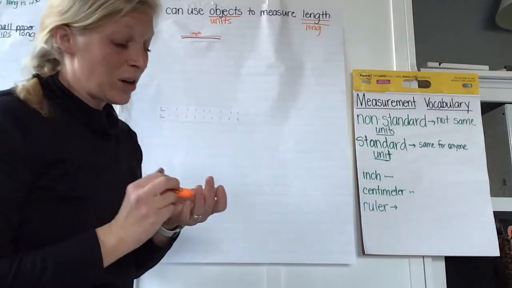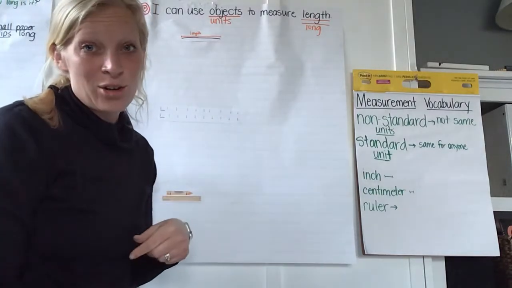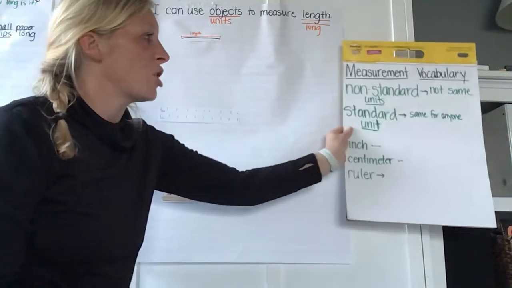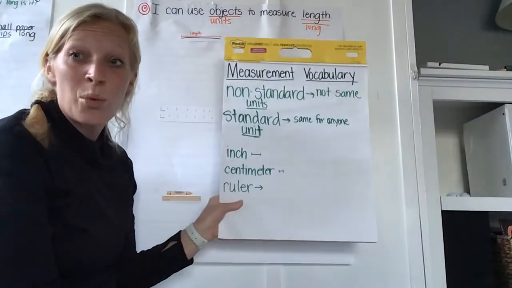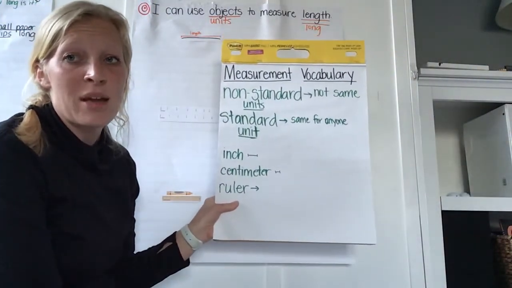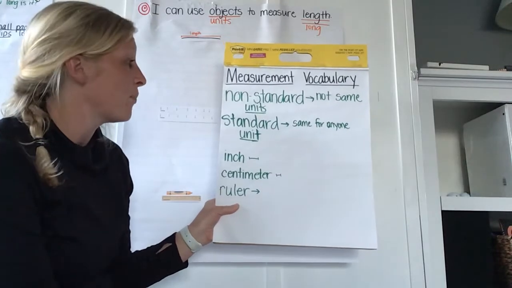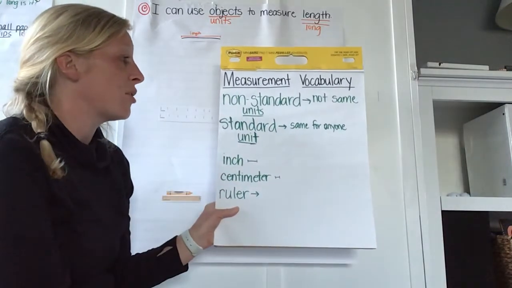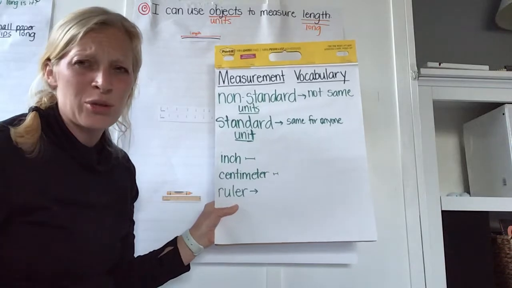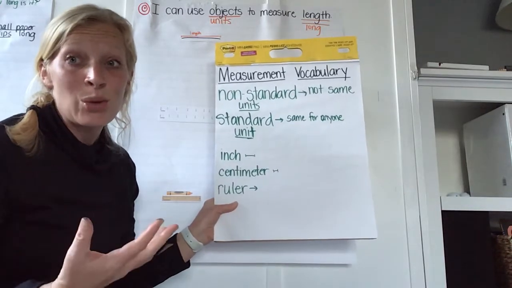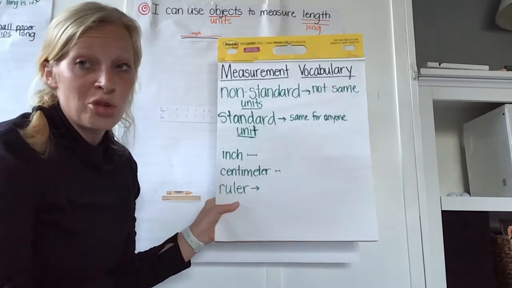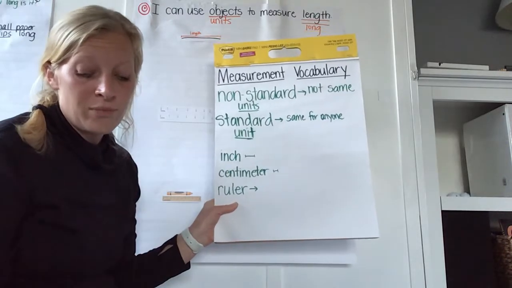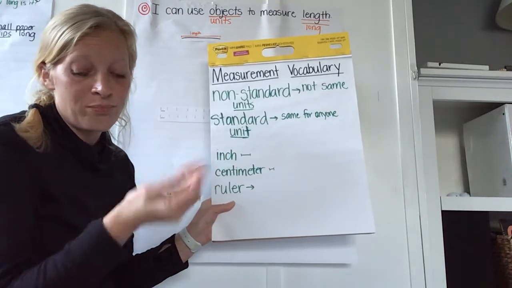And yesterday we learned about standard units of measure. So I'm going to show you this chart that we looked at yesterday, and it's one that we'll keep up as we're learning about measuring this week. We've been doing non-standard units, and non-standard units are those units that are different depending on who's using it. So when you say cubes, maybe it's this big cube, or maybe it's this little cube.